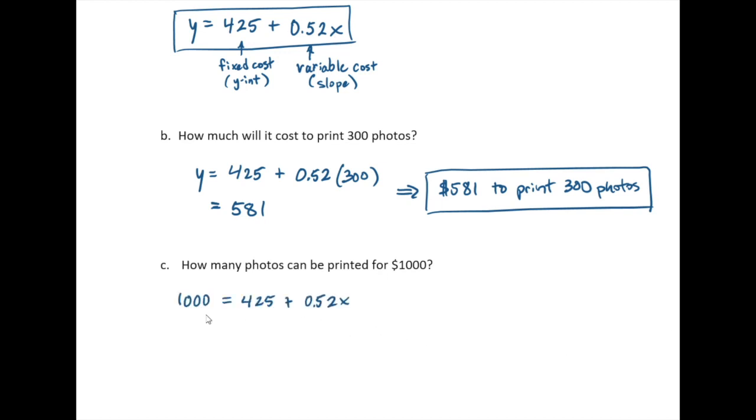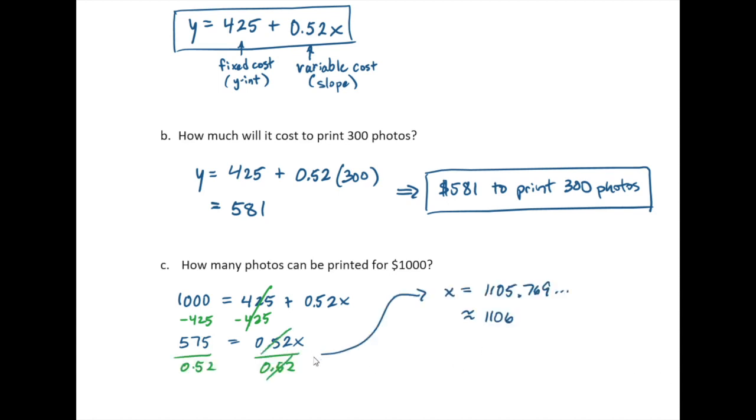This gives us a linear equation in one variable. And to solve this, we need to isolate the variable x. And we'll start by subtracting 425 from both sides of the equation. And now we'll finish isolating x by dividing both sides by this coefficient.